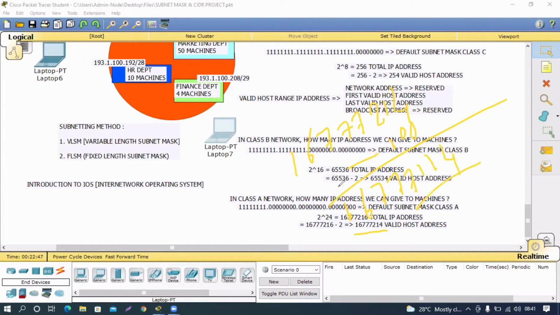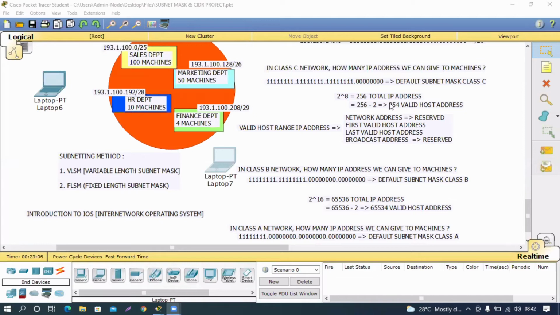So you can see the address wastage is getting bigger when we are moving to class B or class A. So in which subnet mask are we getting the lowest wastage of addresses? Class C. That is why class C is very popular. Everywhere you will see the class C subnet mask, because class C gives you a smaller number of wasted IP addresses.